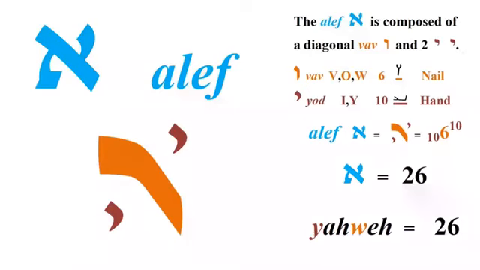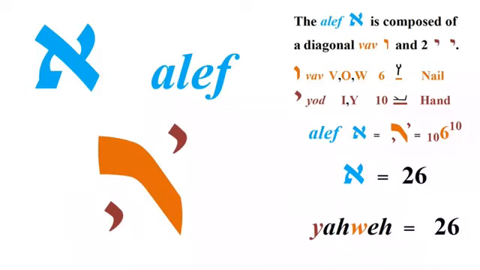And when you express it this way, the Vav is a 6, humbled. And the 2 Yuds are each 10. 10 and 10 is 20, and the Vav is 6. The Aleph, even though Aleph is 1, it's always 1, he's 1, he's first. But the letters in Aleph add up to his name, 26.